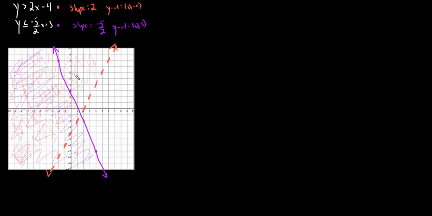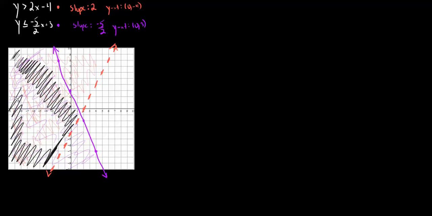We can either erase the rest of the shading, or we can heavily shade in the solution region, and that's what I'm going to elect to do. So I am going to heavily shade in black where the solutions are, in this region here.